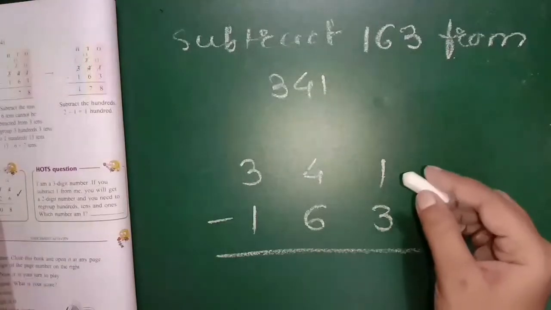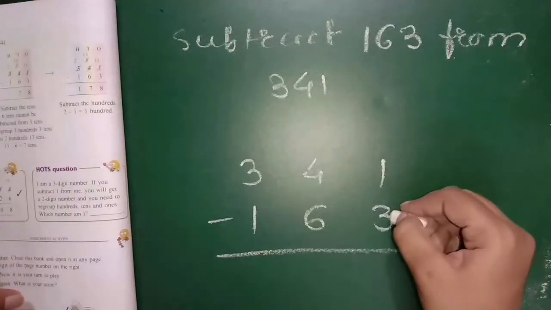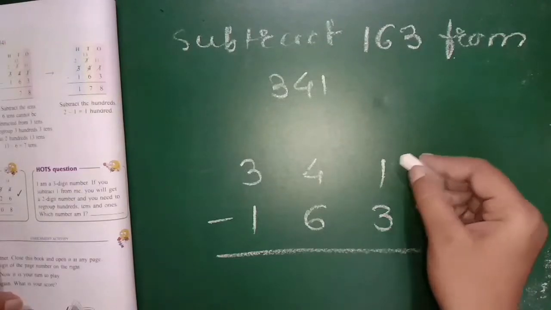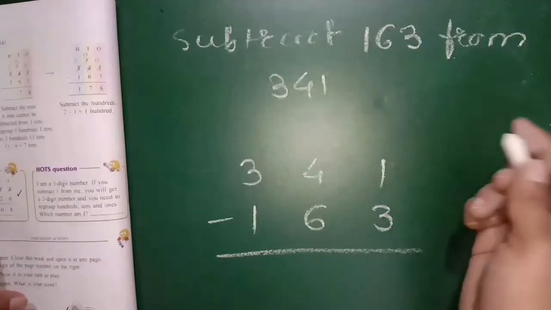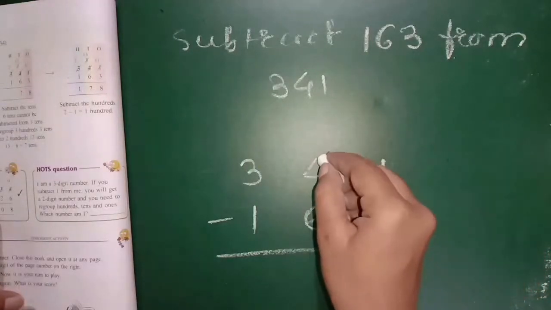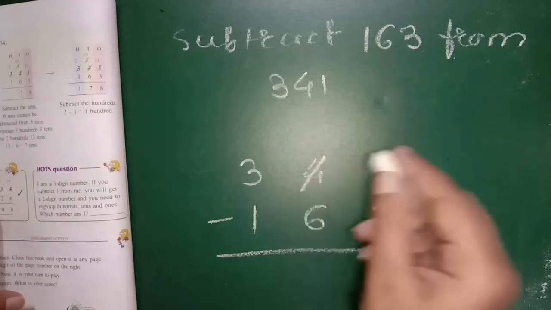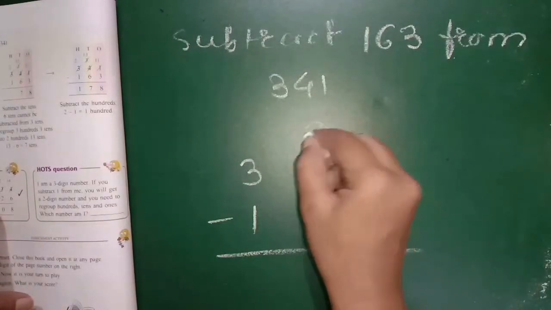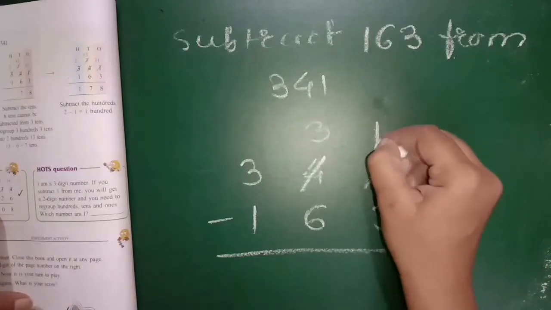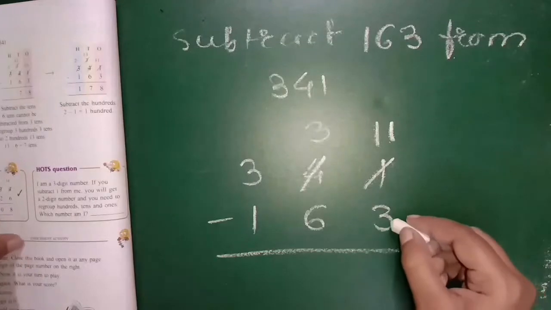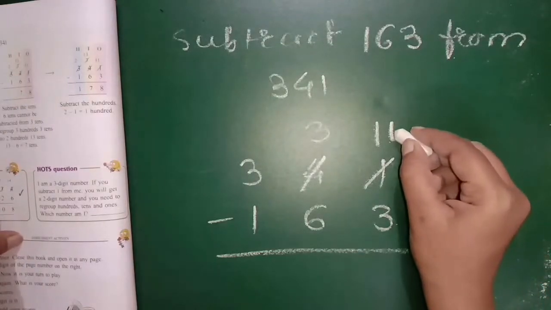Subtract ones. 3 ones cannot be subtracted from 1 ones. So again we have to borrow 1 tens from tens place, so that 4 will become 3 and 1 will become 11. Okay. Now we can subtract 3 from 11.